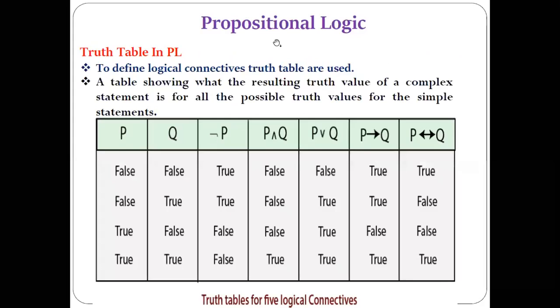Now the same part I have shown in the truth table also. Here you can see P, Q, and for example, suppose we want P and Q. Now we can see here, as I mentioned in the meaning of that connective table, P and Q is true only when both are true. Here you can see.